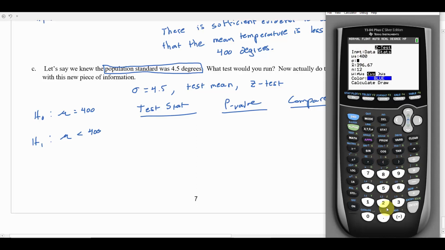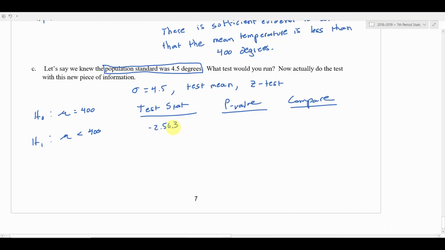All right, so we've got 4.5. Surprised I didn't know that I was going to put 4.5 in there. 396.67. That's correct. 12. Yep. And then we're going to go less than. Yep. And calculate. All right. So test stat: negative 2.563.